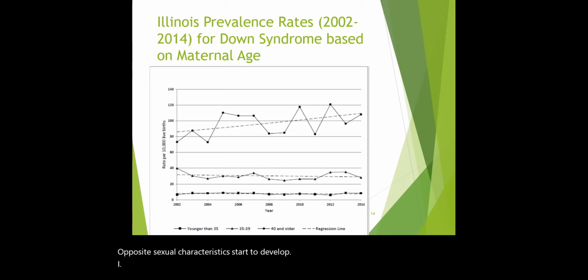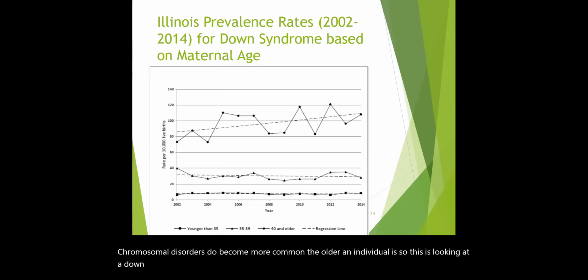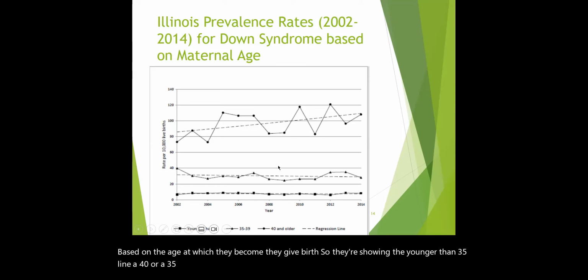Chromosomal disorders do become more common the older an individual is. So this is looking at Down syndrome specifically for women based on the age at which they give birth. So they're showing the younger than 35 line, a 35 to 39-year-old line, and a 40 and older.